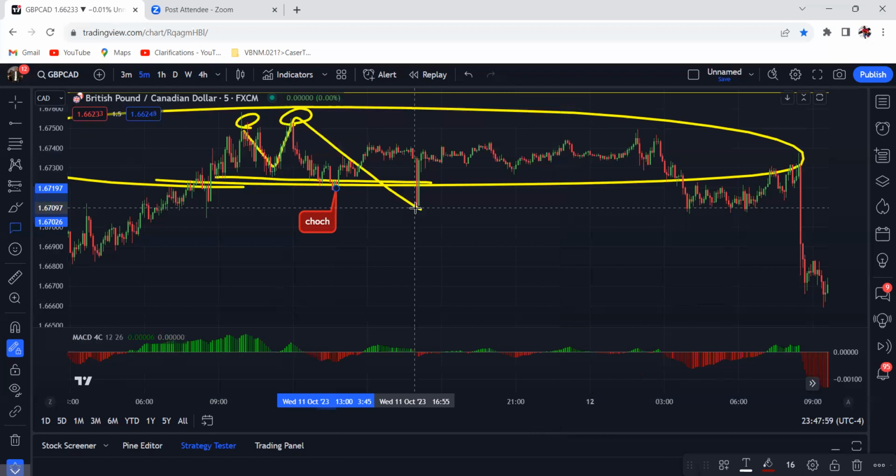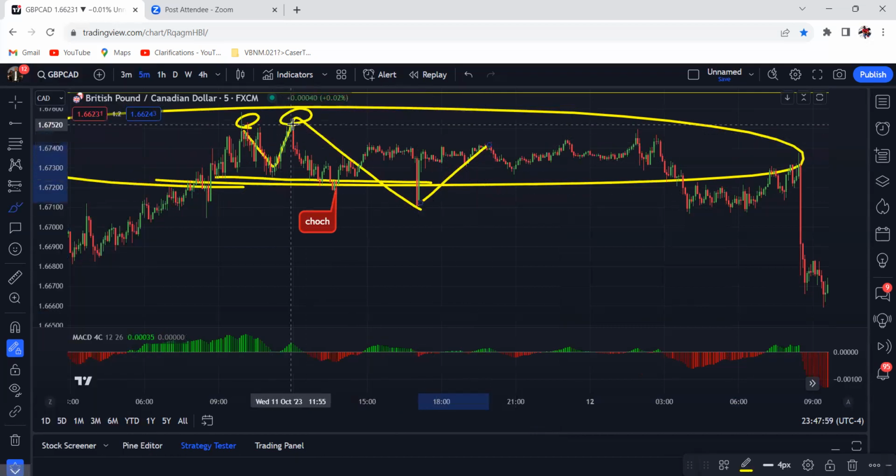Price broke, boom. So now, when price pulls back, I want to see if it's going to create a new high.